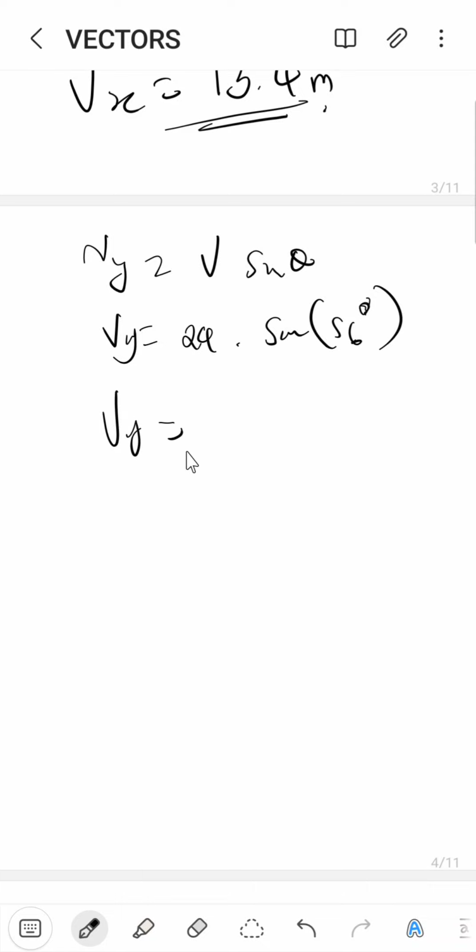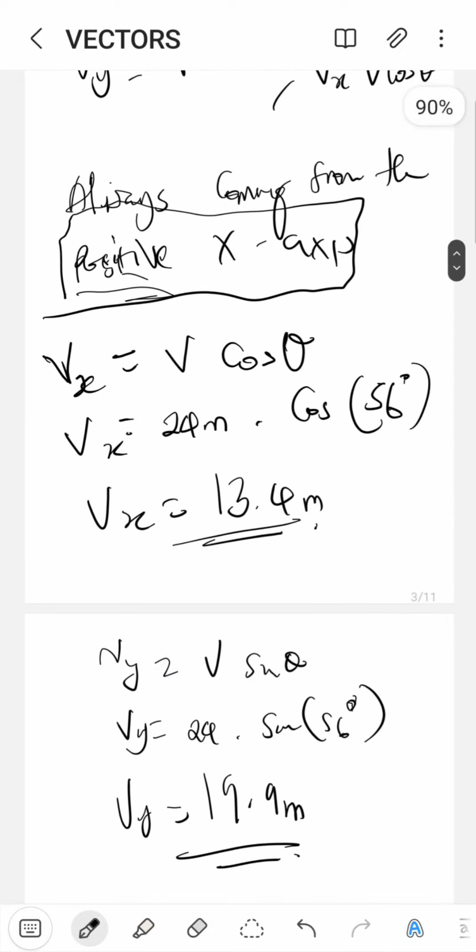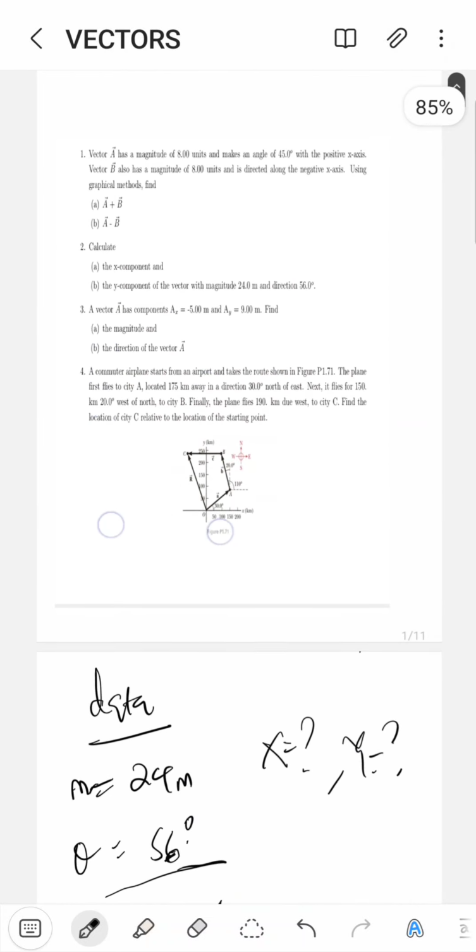Sine 56 degrees multiplied by 24 is 19.89, so we just say 19.9 meters. That's basically it for that question. Simple stuff when it comes to finding the components of these vectors. All right, let's look at the next question.